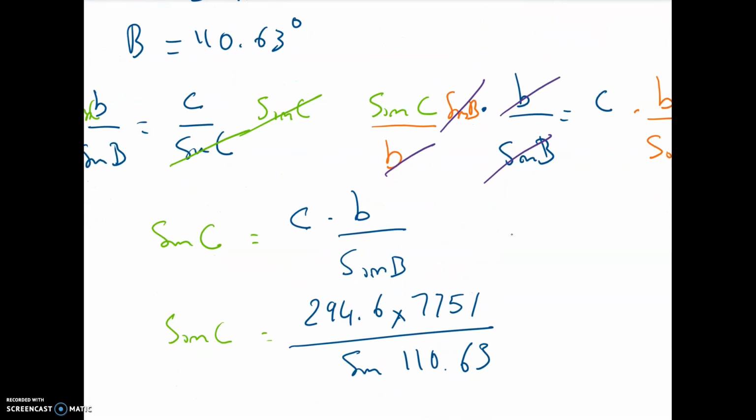All right, so if I put that in my calculator, 294.6 multiplied by 7,751 divided by the sine of 110.63, and I pay attention that my calculator is in degrees, and I end up finding a sine equal to... what did I do?